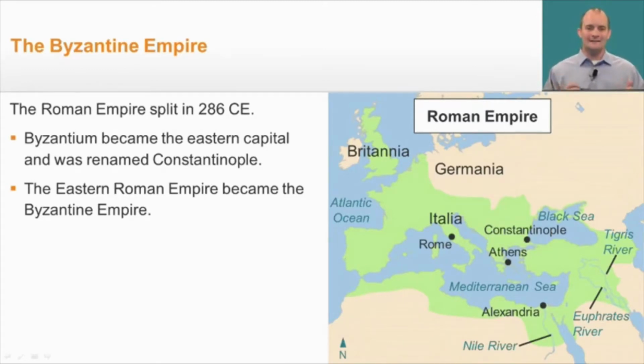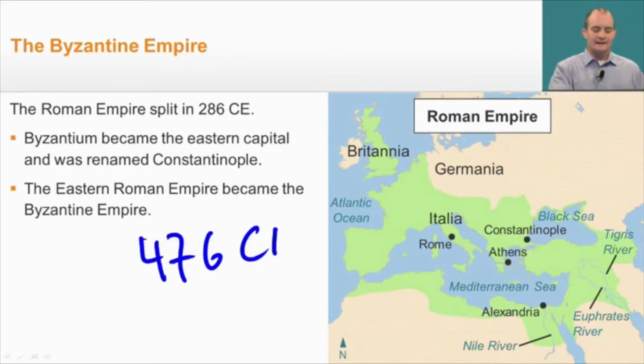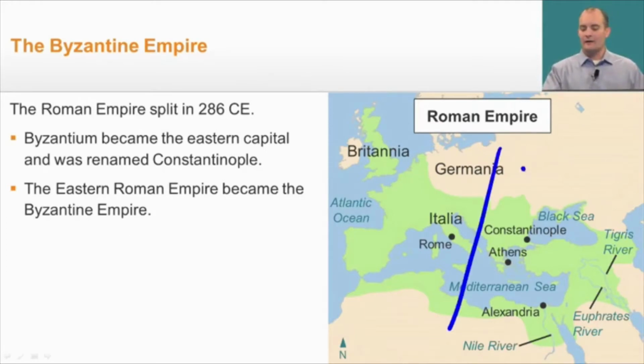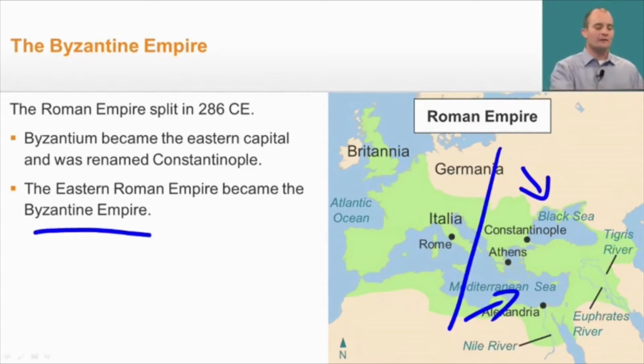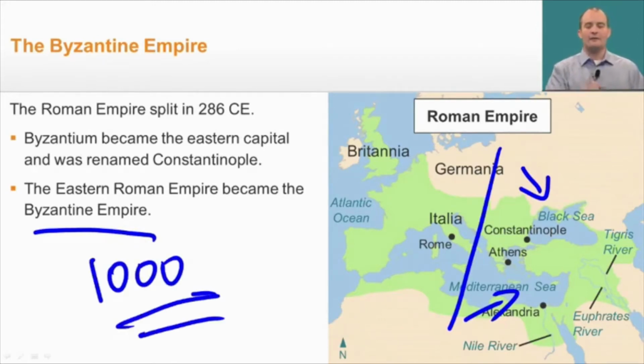And what happened is that in 476 CE, this western part of the empire fell to foreign invaders. However, the eastern part of the empire, all this land over here, continued to flourish. And that part of the empire took the name of the Byzantine Empire. And the Byzantine Empire would actually last for 1,000 years after the fall of Rome.